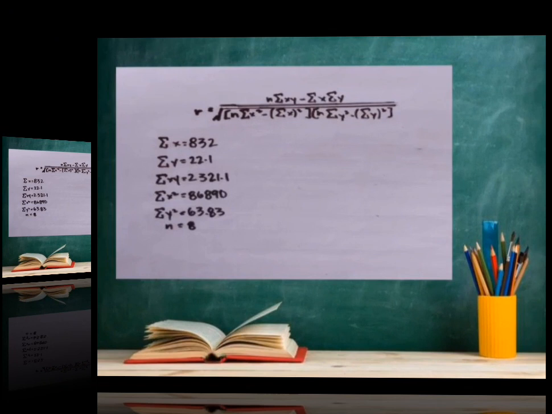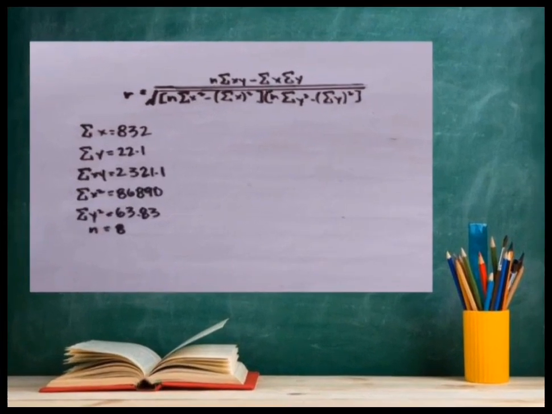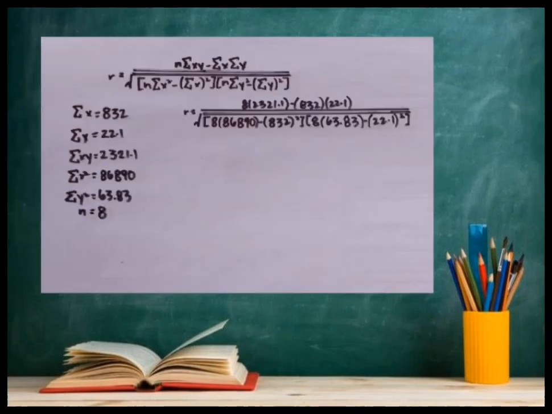Using the formula, substitute lang natin ang nakuha nating data values. So, n is 8 and then papalitan natin ng summation ng xy, 2,321.1, and then close parentheses minus summation of x, 832, times summation of y, 22.1, all over the square root of, so under dapat sila ng square root silang lahat.